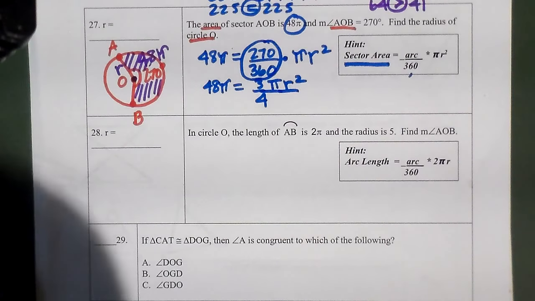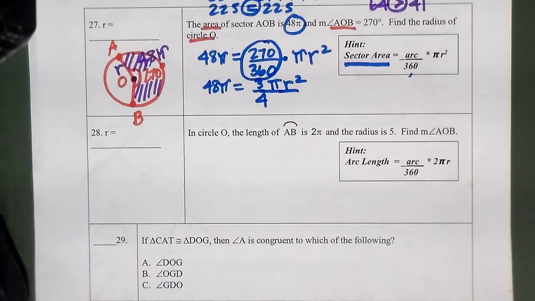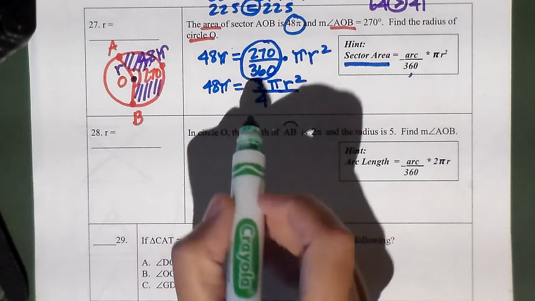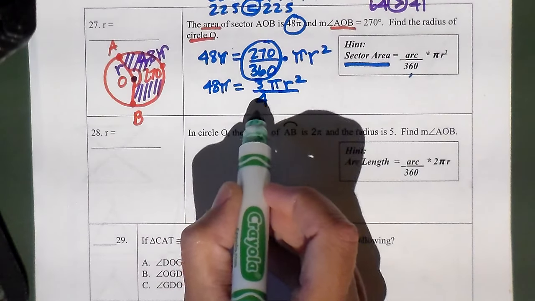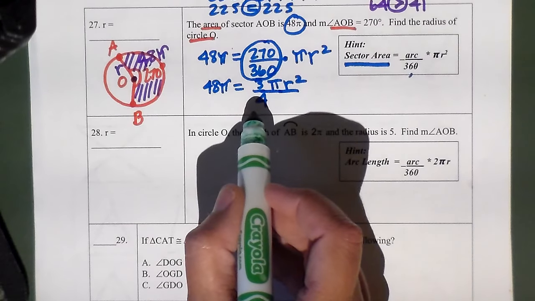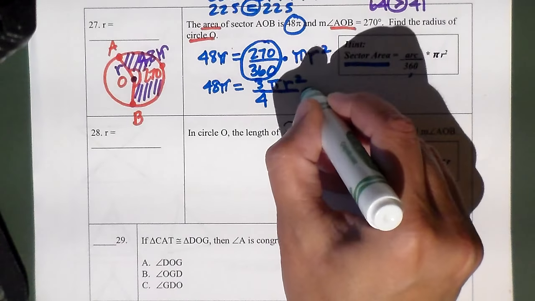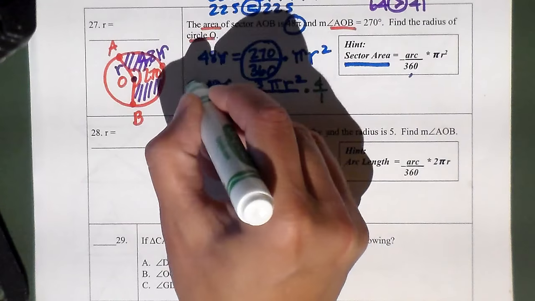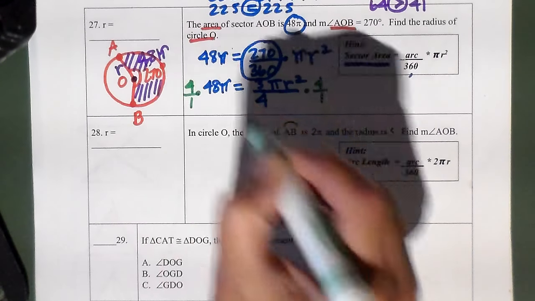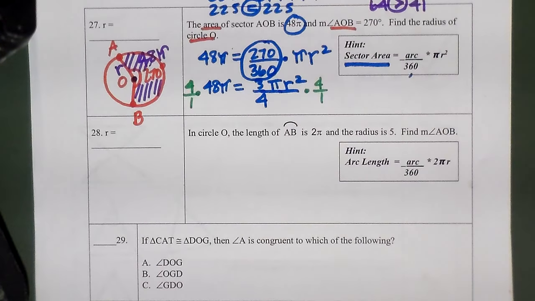It depends on how you approach it. First of all, I want to get rid of the 4. Do you remember how to get rid of a numerator or denominator? I'm going to multiply by its reciprocal. So I'm going to multiply both sides by 4 over 1. Some people would put 48 pi over 1 and cross multiply. It's up to you.